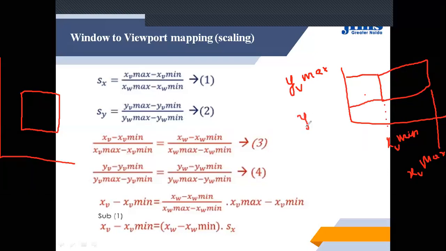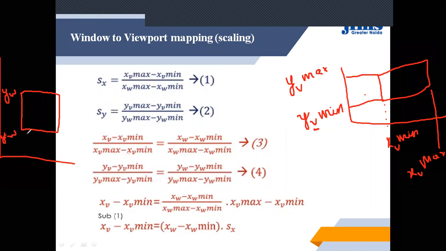The same thing holds in the case of window. In window, instead of V, it is represented by W. So here it will be YW min, and at this point it will be YW max.